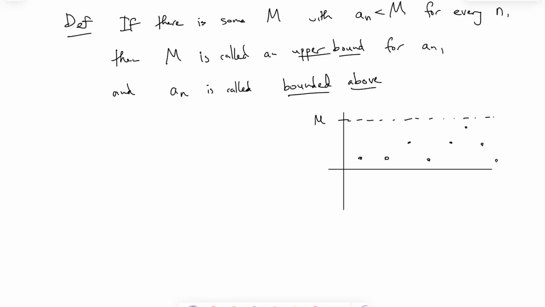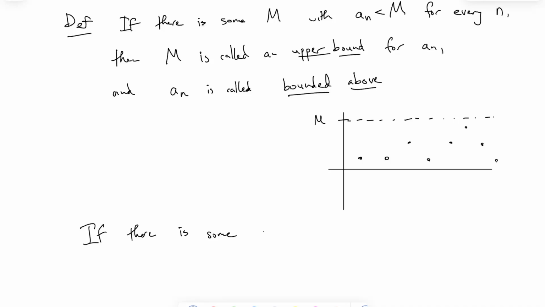Similarly, there's something called bounded below, and it means all the same stuff. It means there's some line down here so that the dots are always above the line. So I'm going to write that too. In our book, they use a little m for the lower bound. The inequality will be the other way around.